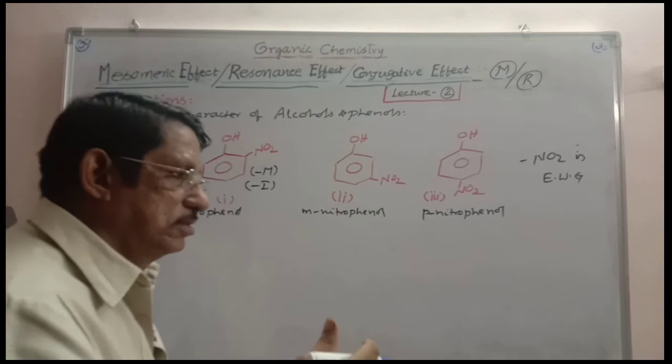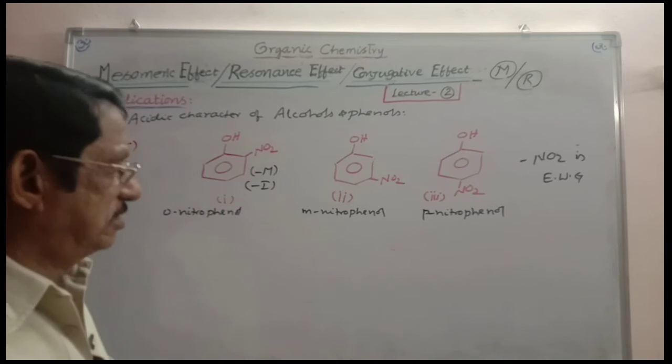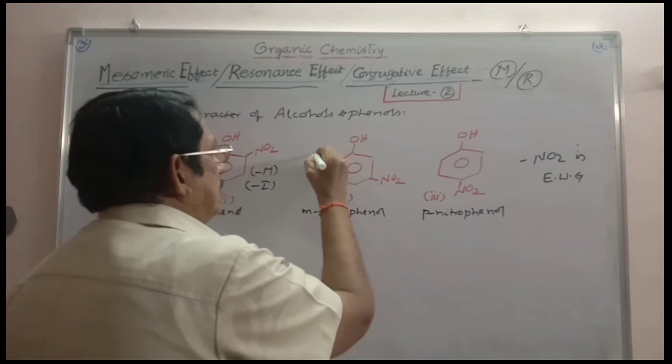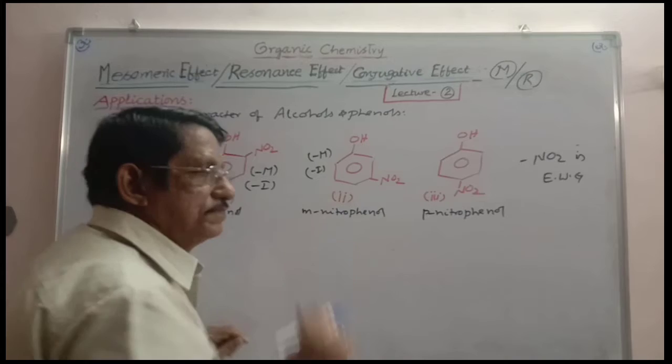Mesomeric effect is predominant over inductive effect. Both are supporting the same minus effects. And here in this case also, nitro group is having minus M. Nitro group is having minus I, same cases.